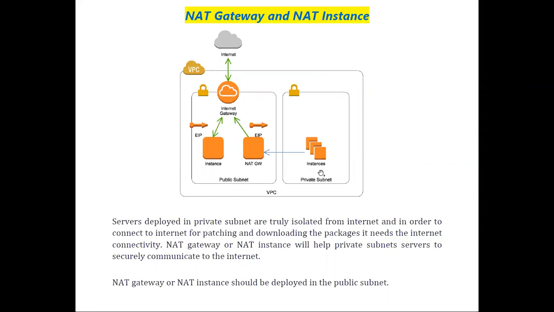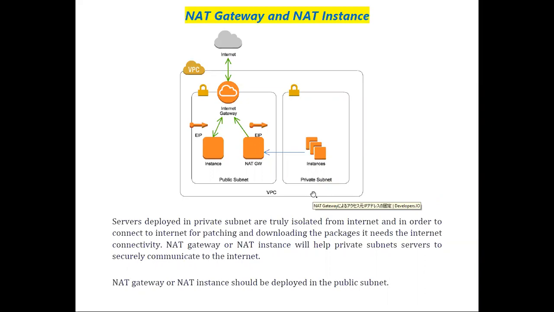Today we are going to deploy an instance in the private subnet where it can have only a private IP, and it will reach the internet through the NAT gateway deployed in the public subnet. We usually have EC2 instances in the private subnet, such as database servers, application servers, domain controllers, etc. Those servers we do not want to expose to the internet, so we keep the server IPs restricted to private IPs only.